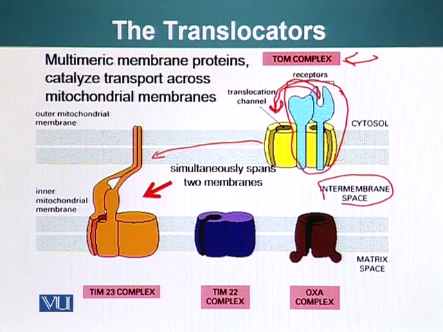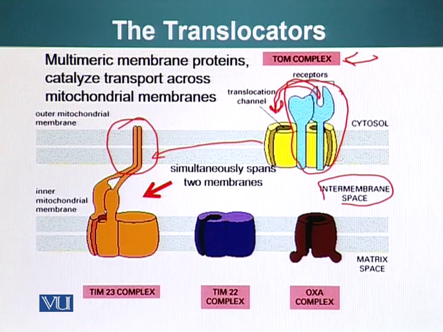However, the components of this complex span both the inner and the outer mitochondrial membrane, as you can see here. So these two, TOM and TIM23 complexes, work in conjunction in importing proteins into the mitochondrial matrix. TIM here stands for translocator inner membrane.